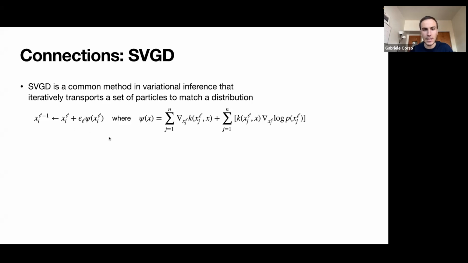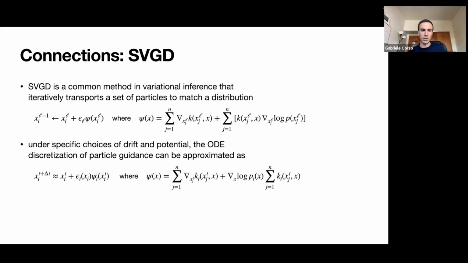At every step you have some similarity kernel K, and you take one step in the direction that decreases this similarity, and one step in the direction that increases the amount that you represent the data. You can see this as the score term. Under specific choices of drift and potential, which aren't necessarily the ones that we are going to use in the experiments.